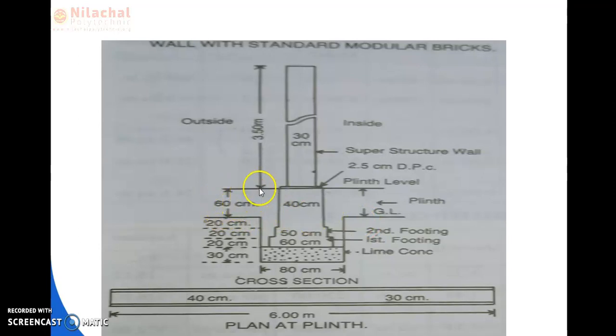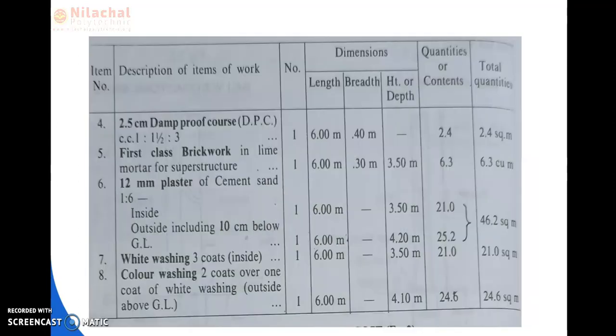Then the plinth level to superstructure height is equal to 3.50 meter. The 3.50 plus 0.60 meter is equal to 4.10 meter. So the total height of color washing for the outside is 4.10 meter.